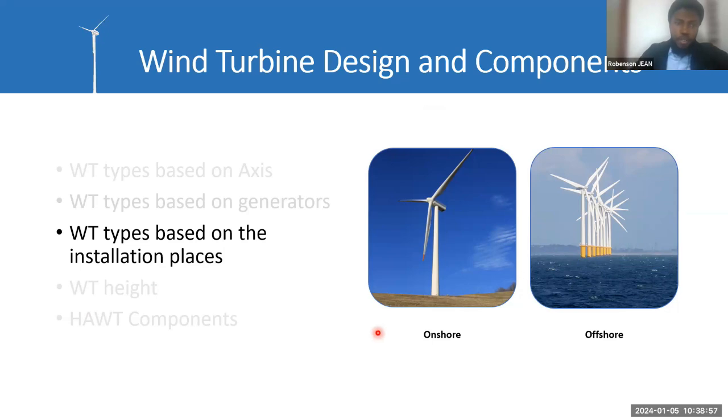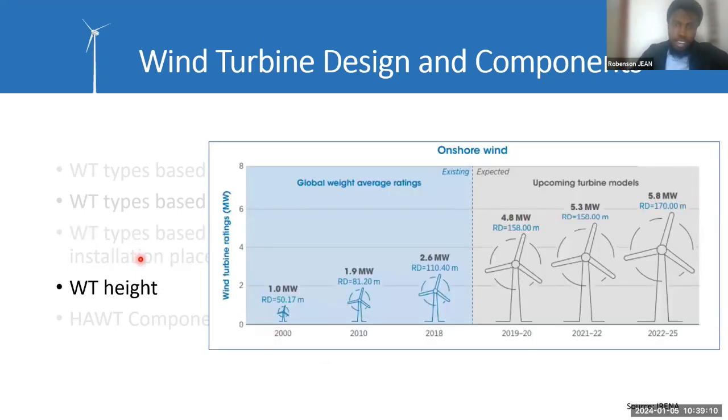So now, based on the installation places, there are onshore wind turbines, when we are on land, and offshore wind turbines, and also classification based on the age of the wind turbine. So this is what I was talking about. Let us see what happens. When the rotor diameter is smaller, we are producing less energy.